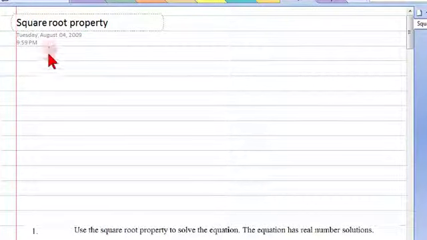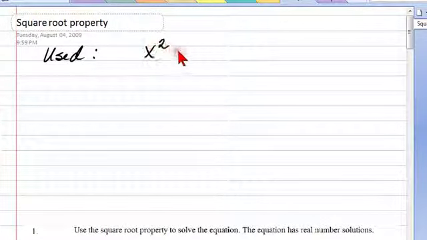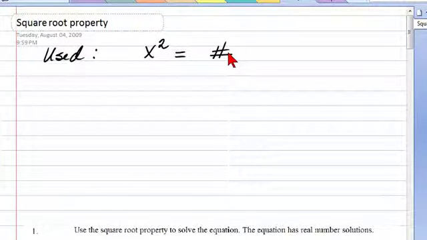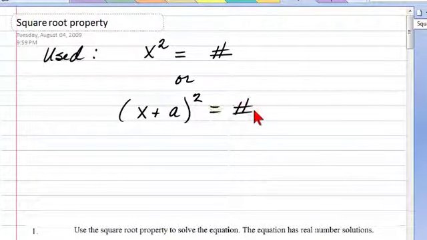It can be used when you have a problem that looks like x squared is equal to some number. Or when you have x plus something, quantity squared, equals a number.